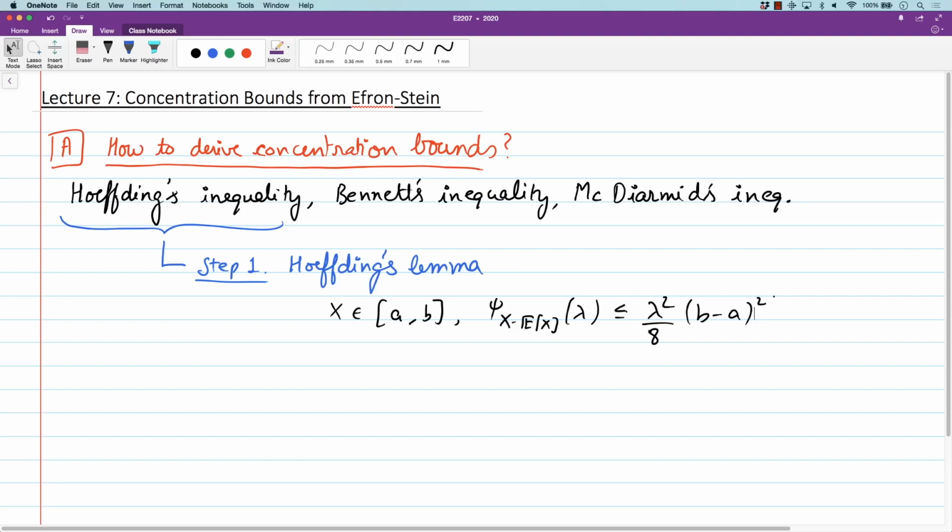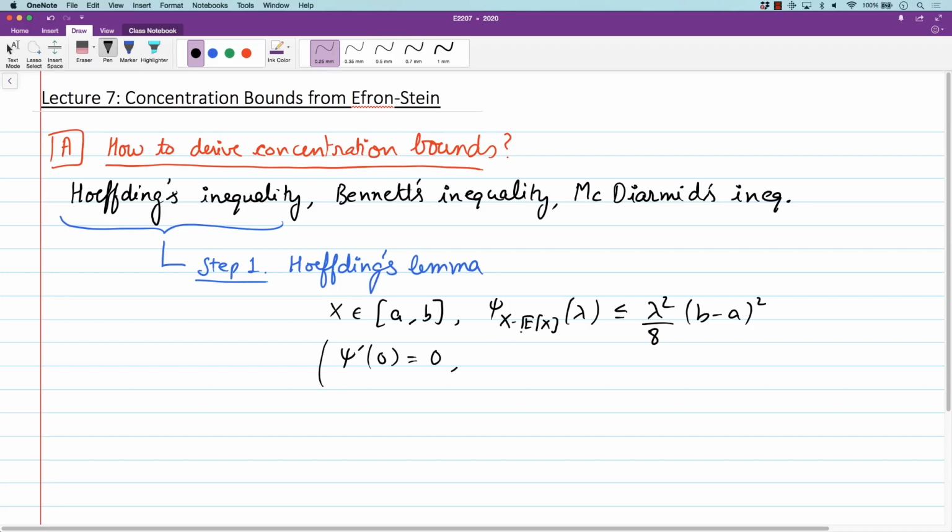In fact, you can just assume x is 0 mean here. In showing this, what we noticed was that this function psi, the log moment generating function, has its derivative at 0 equal to 0.